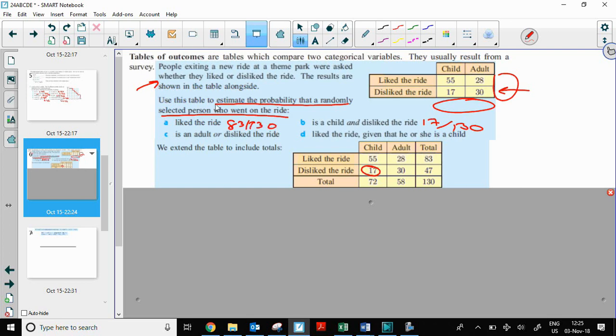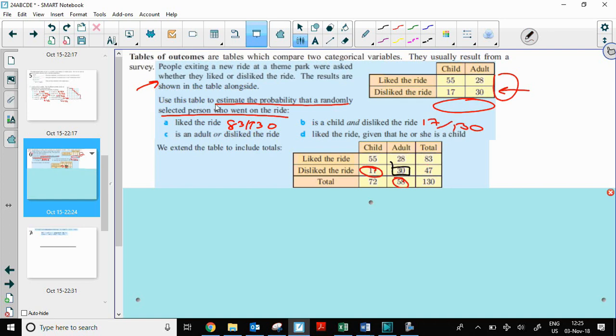Forgot to write down the first answer. Letter C, if you were an adult or you disliked the ride, that means we need to look at all of the adults. So that's our 58. But we should include the 17 children who disliked the ride. Just like with that table before, I'm not going to add up 58 with 47, because if I do that, then I would be double counting these 30 people.